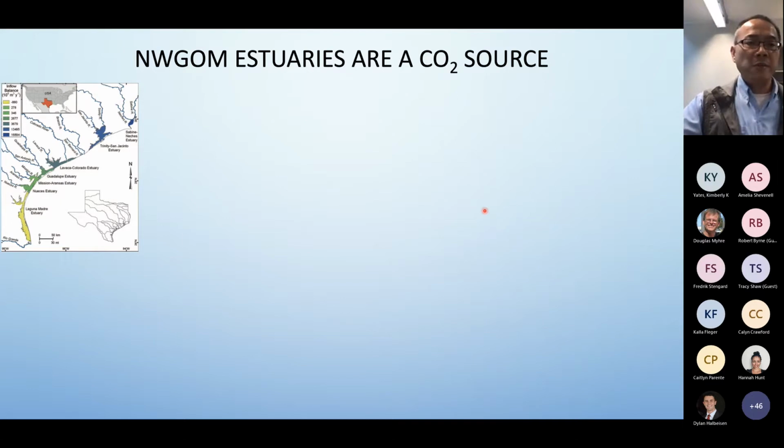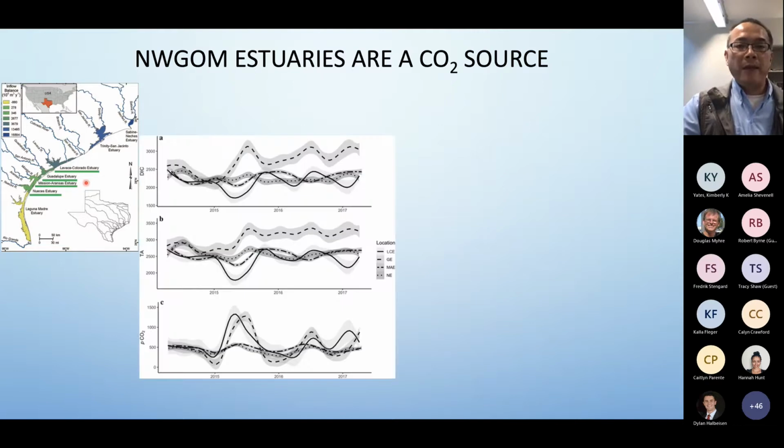Let's look at all these estuaries again. This is the Lavaca-Colorado estuary, Guadalupe estuary to the left, and then Mission-Aransas, Nueces estuary, Corpus Christi Bay, all together. We have done a few years of sampling in these different estuaries, and I want you to look at the bottom panel. That's from my student's paper published last year.